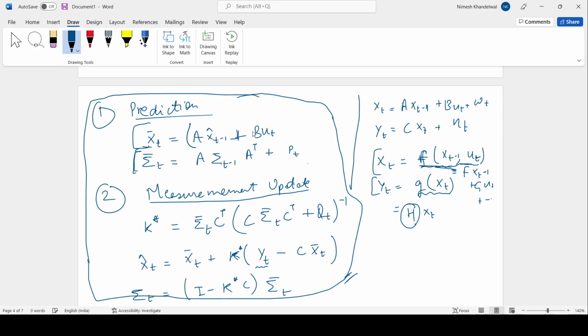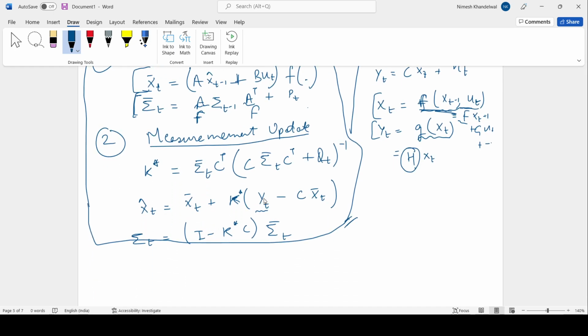Basically this will be replaced by your f, and this here will be replaced by the linearized Jacobian, capital F. Similarly, in the measurement model, you will use this g, but for everything else, wherever you are seeing C, that C will be replaced by H, the linearized measurement model.